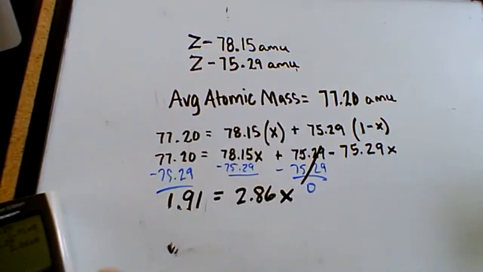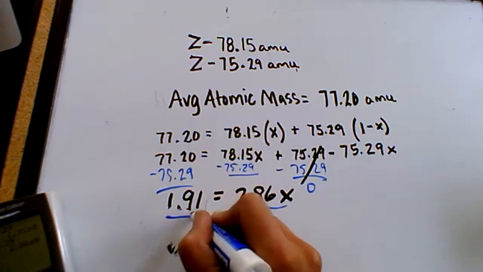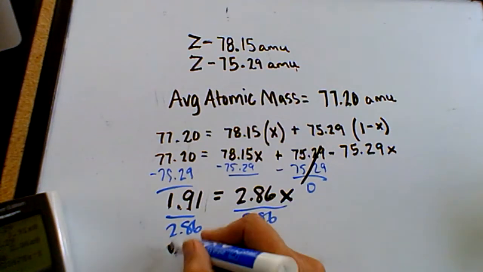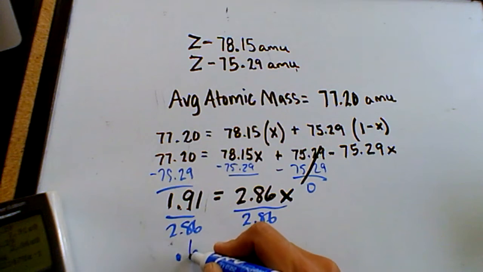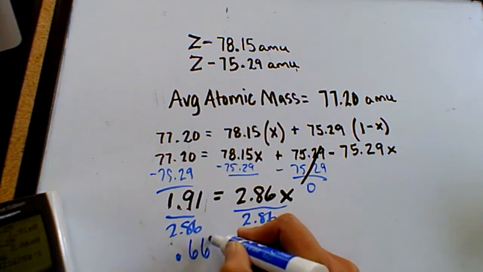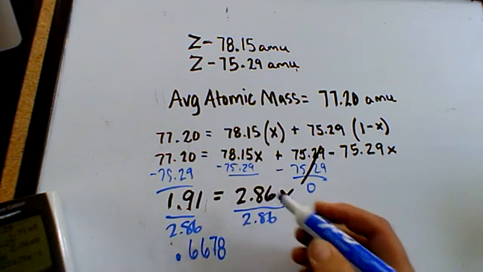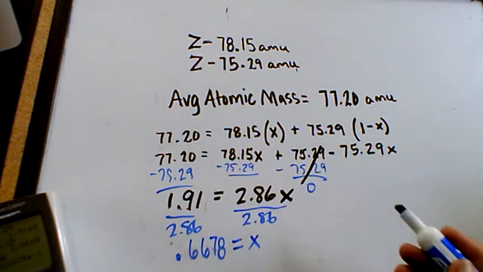For you algebraically challenged people, we'll divide both sides by 2.86. 1.91 divided by 2.86 equals, and it looks like this is 0.6678. All right, that's what x equals.